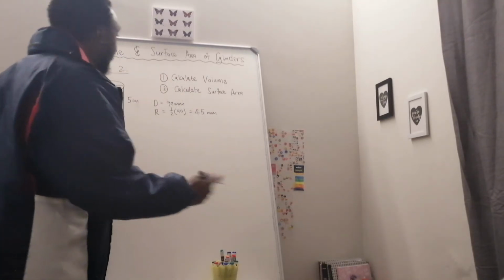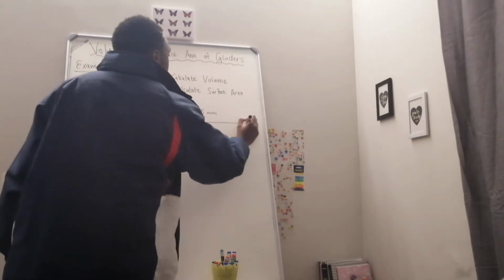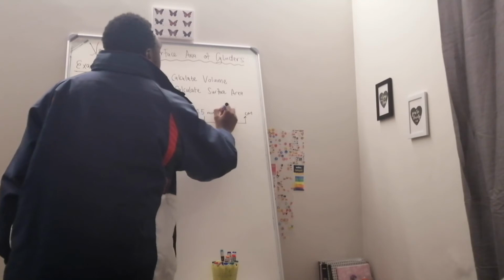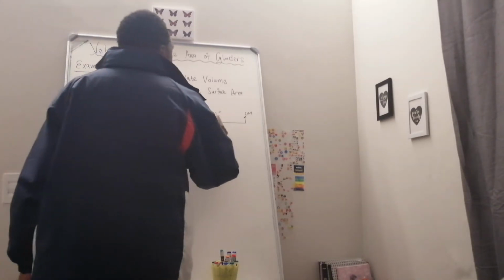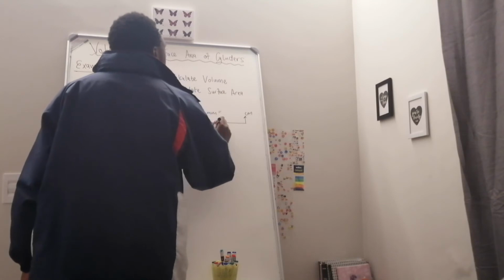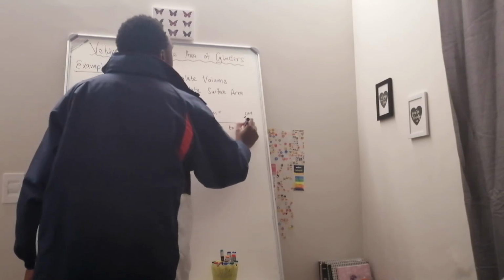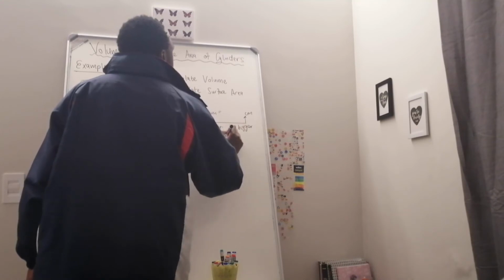So let's convert that. If I'm trying to move from a smaller unit to a bigger unit, what do I do? I need to always divide. So if I'm moving from a smaller unit to bigger, then I divide.